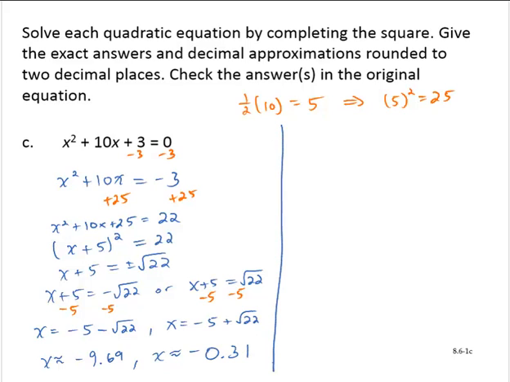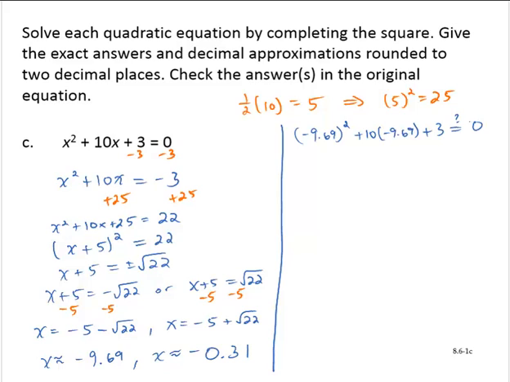Right, let's check those. First, the negative solution. I'm sorry, they're both negative. Negative 9.69 first. Negative 9.69 squared plus 10 times negative 9.69 plus 3, is this equal to 0?